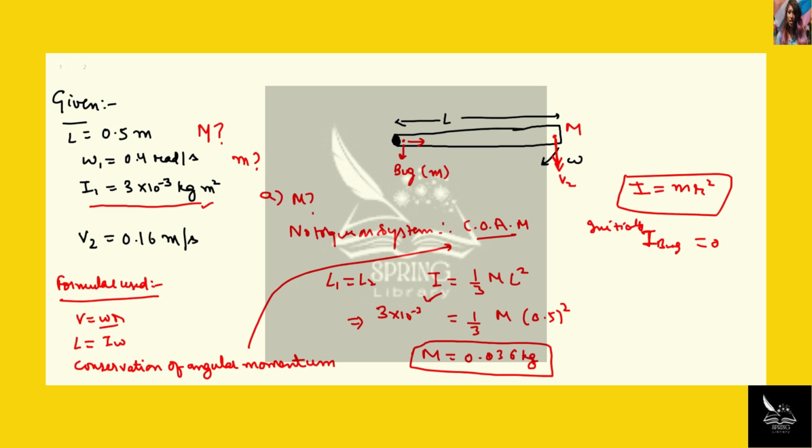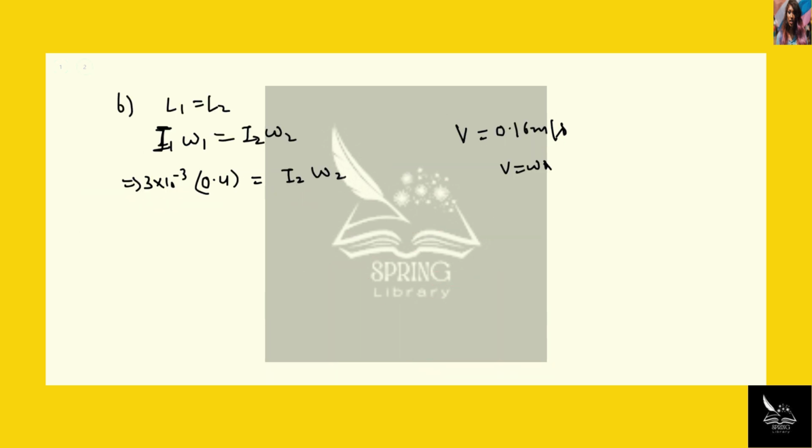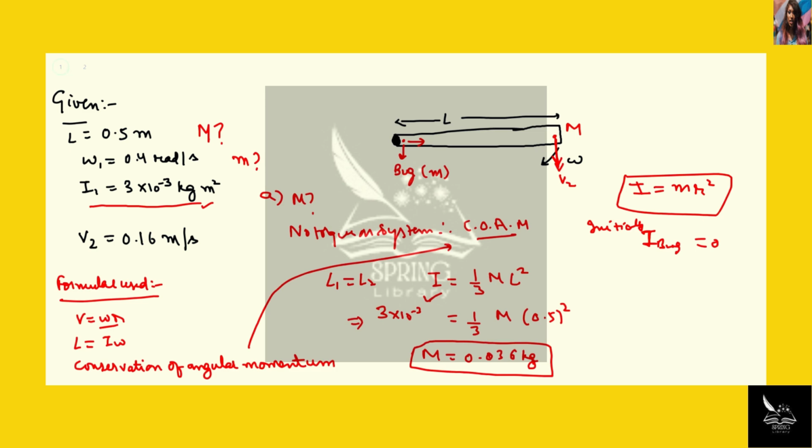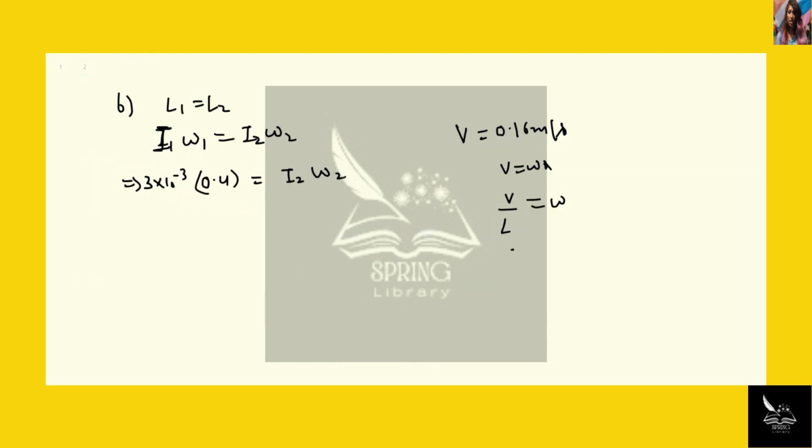This gives us v equals L omega, since the length where the bug is sitting is capital L. So 0.16 over 0.5 gives us omega 2, which is 0.32 radian per second.